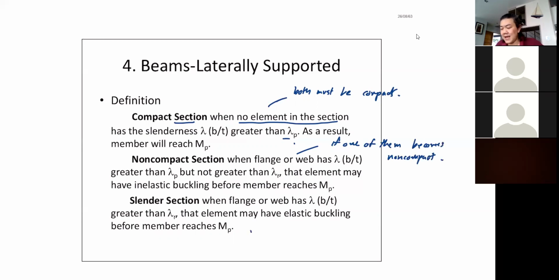Now, the last one is slender. It's pretty obvious. If either one of them is slender, the entire section is called a slender section. And this will have elastic buckling.